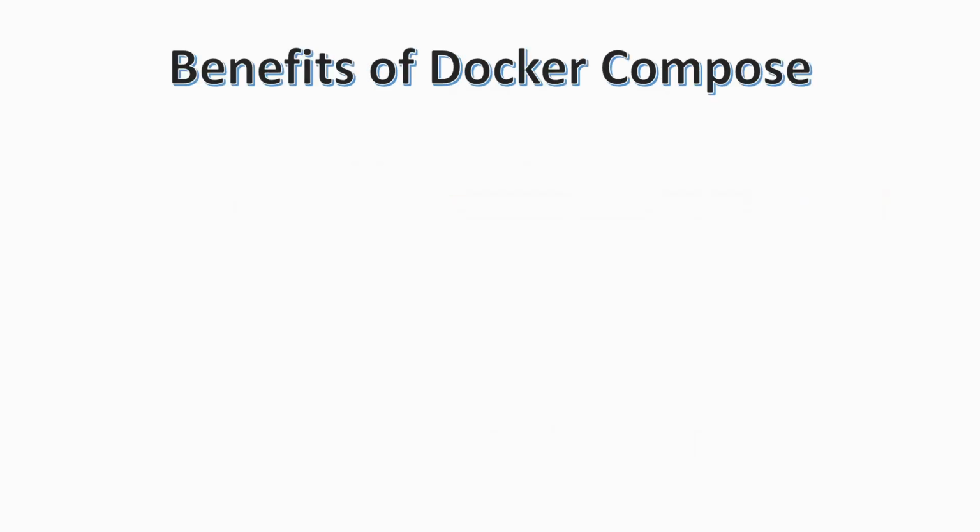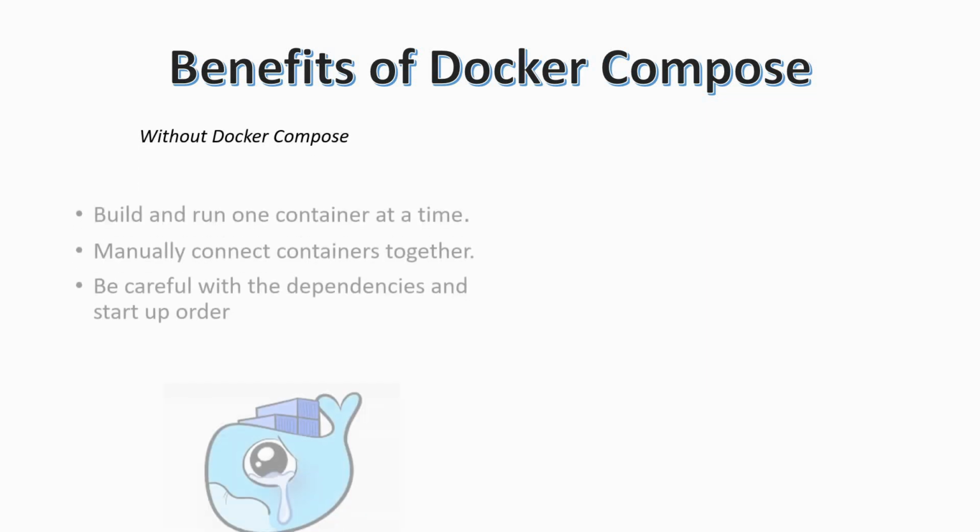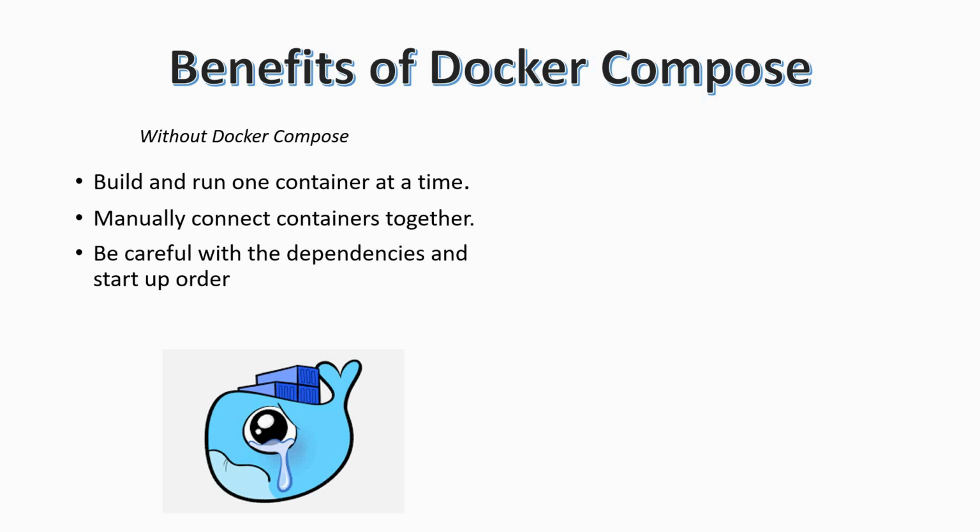Next, we will talk about the benefits of Docker Compose. Let's see, if there wasn't Docker Compose, then what would the scene be? We would have to build and run our containers one at a time, and manually connect those containers together. So we have to be very careful with all the dependencies and startup orders.